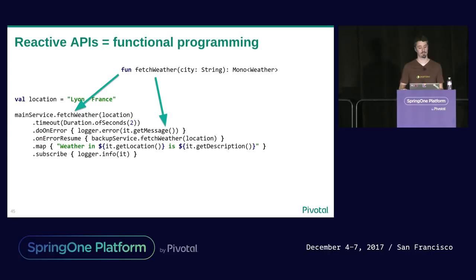The map operation is to transform the weather object into some string. Here you can see that we are using Kotlin string interpolation. You don't have to write plus with various strings like in Java. In addition to being more readable, it also performs better because you don't have to create various strings.